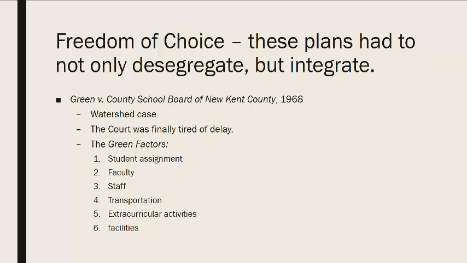These are 6 areas in which the courts and specifically the Office of Civil Rights within the federal government, now a part of the federal government as a result of the Civil Rights Act, would investigate and ensure that these factors were met.